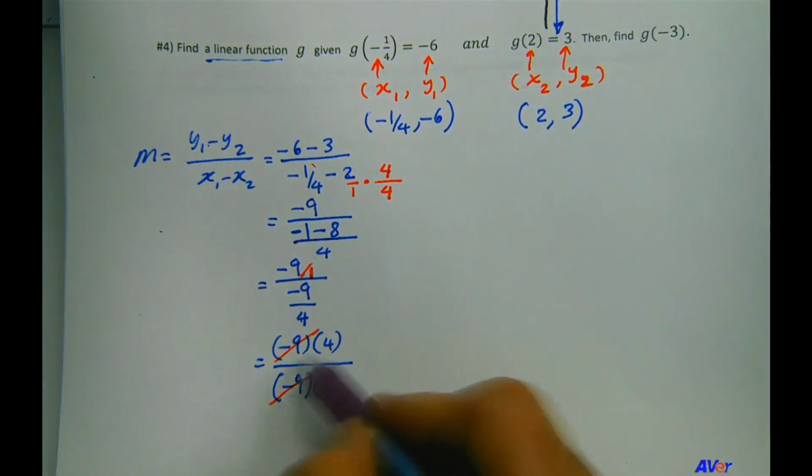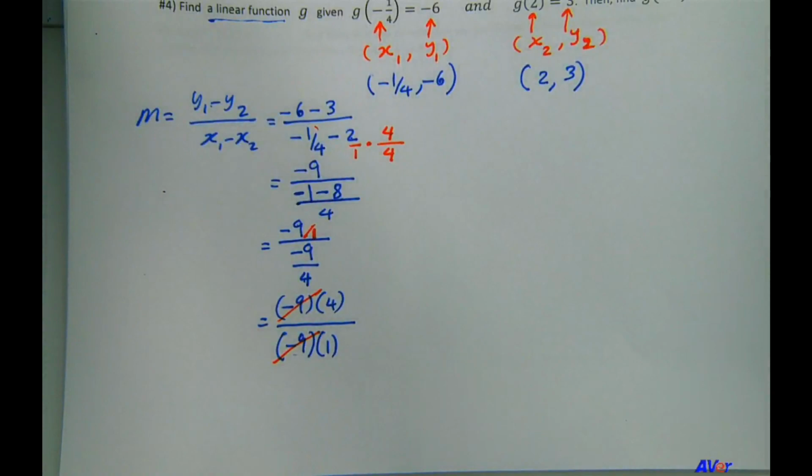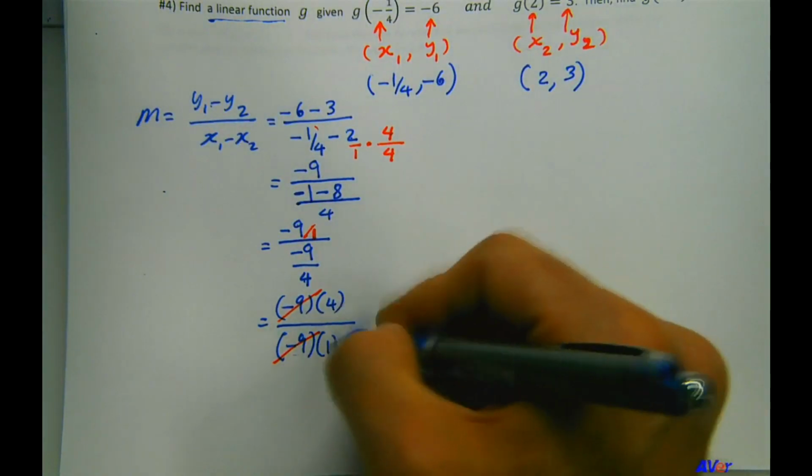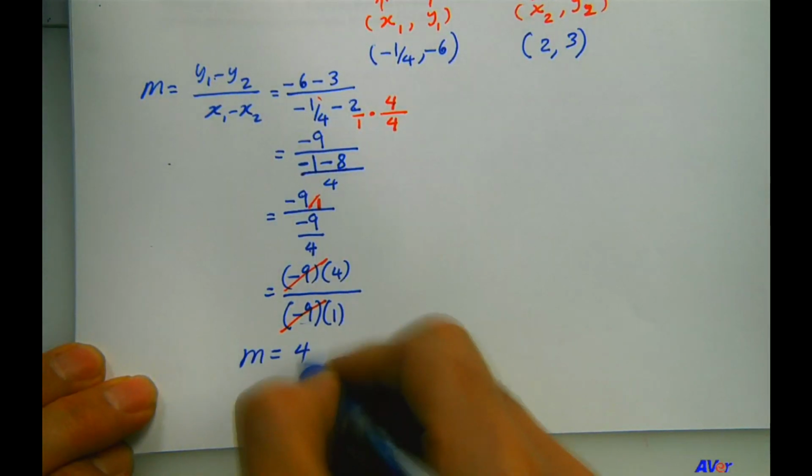We can cancel because minus 9 is being multiplied in the numerator and the denominator. Okay, so we end up with 4 over 1 or 4. So the slope is 4.